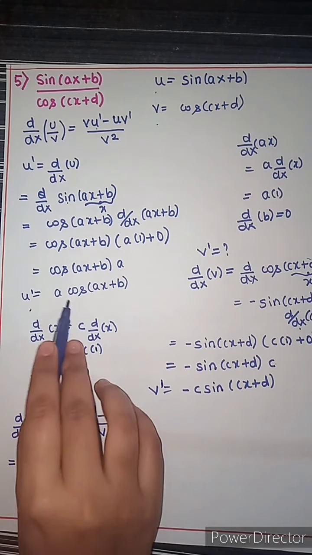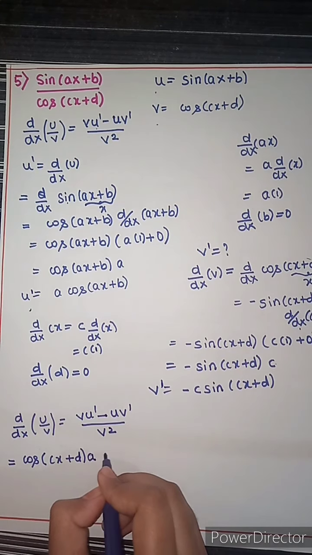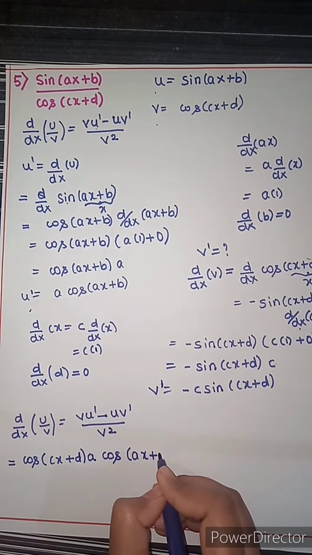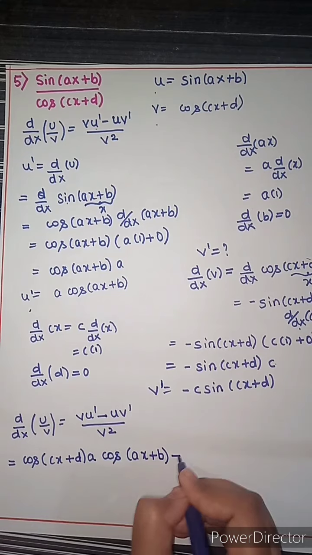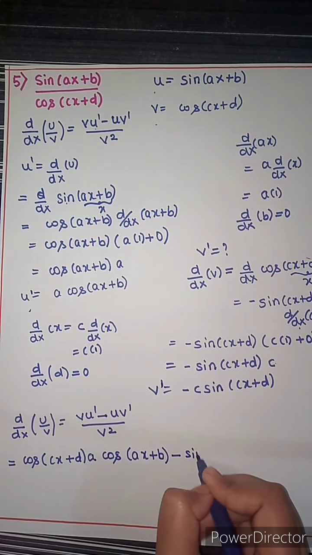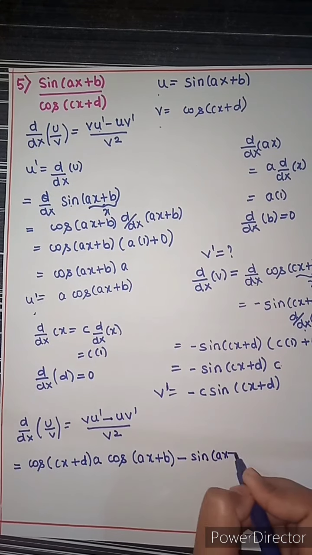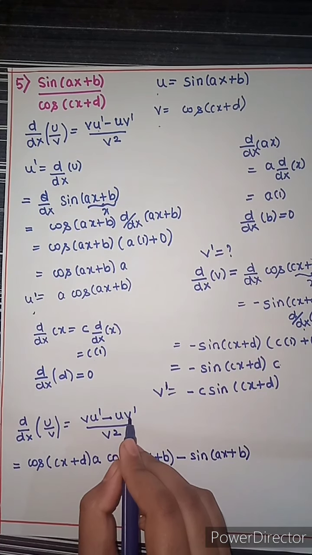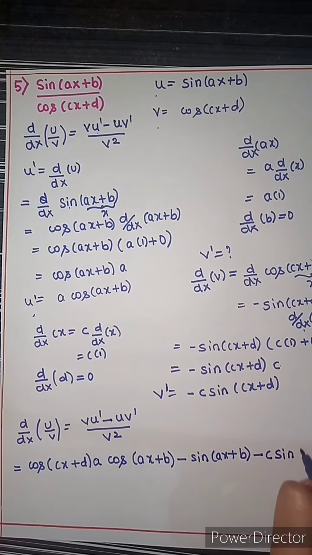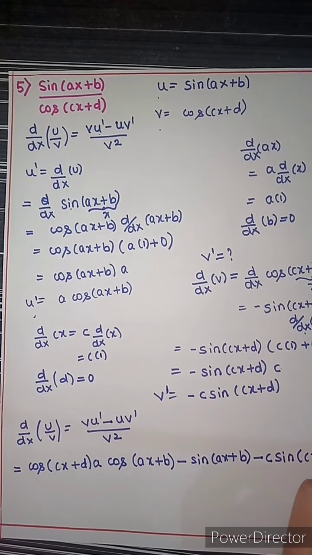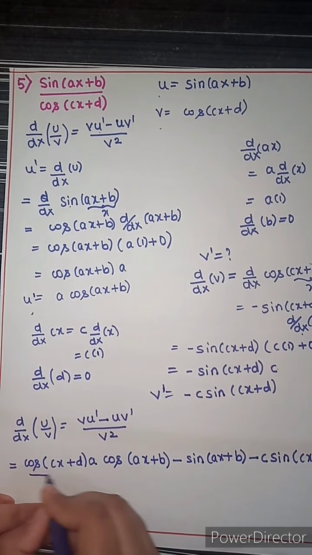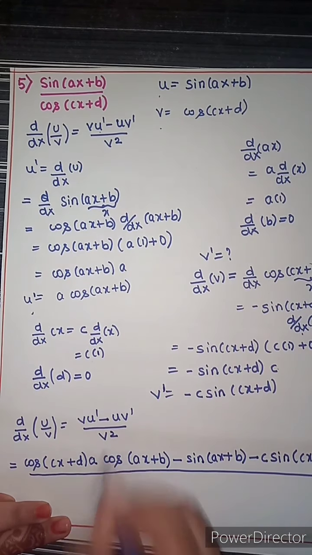U dash is a into cos of ax plus b, minus u is sin of ax plus b, v dash is minus c sin of cx plus d, over v square.